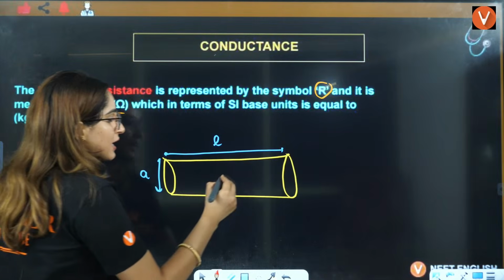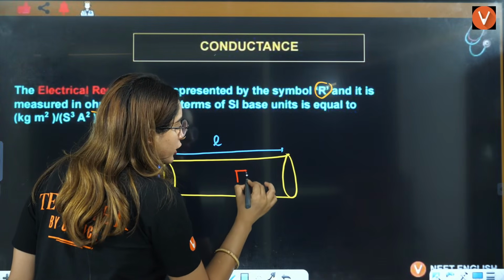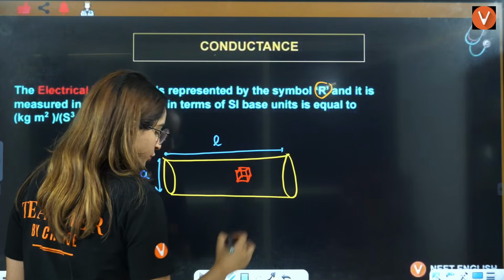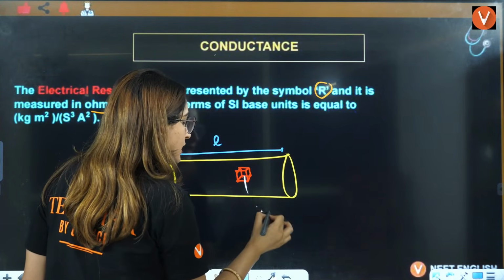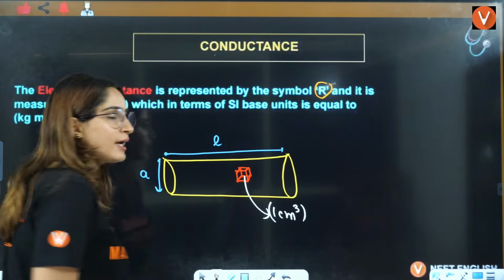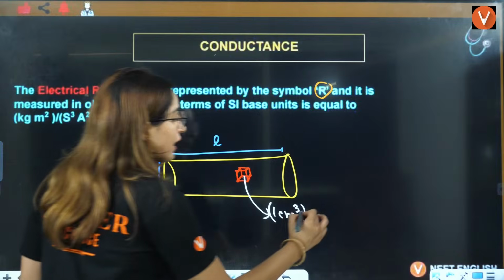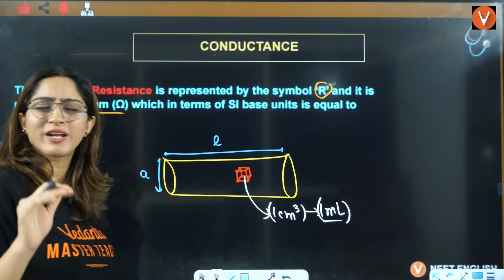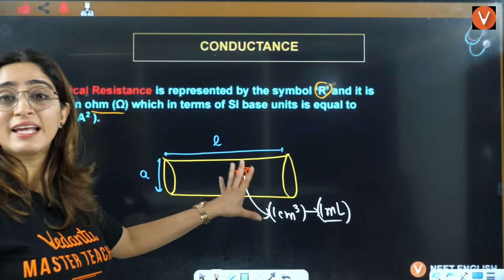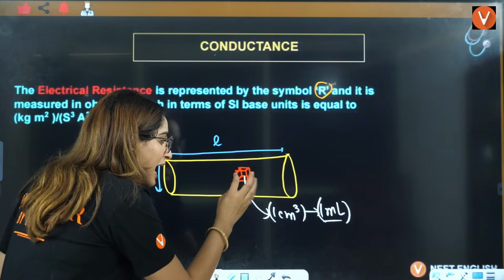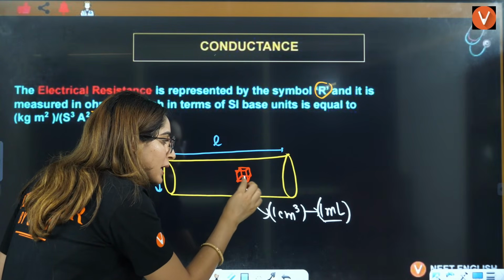But if I see in unit volume, what is unit volume? Unit volume means 1 centimeter cube, that means 1 milliliter. So what exactly is the resistance in this particular volume?